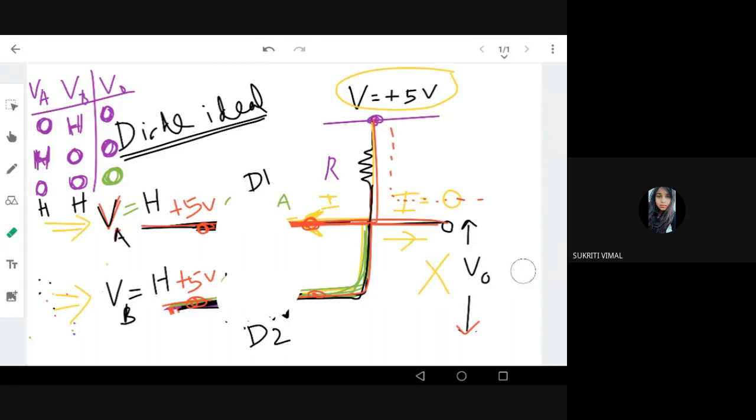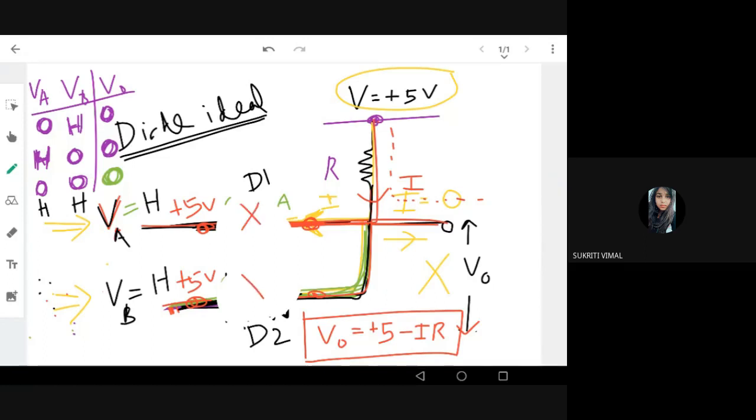So if there is a current I through the plus 5 volt, according to Kirchhoff's law, V output equals plus 5 minus I into R, right? This is the Kirchhoff voltage law. But here there is no current through the D1 path, the D2 path, or the V out path. That means current is zero.